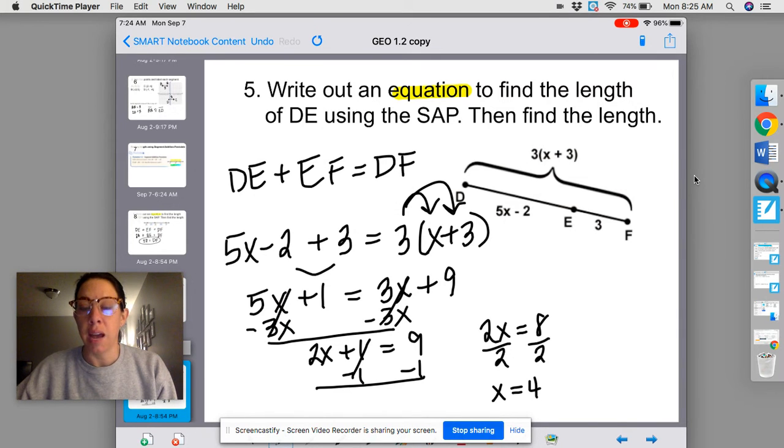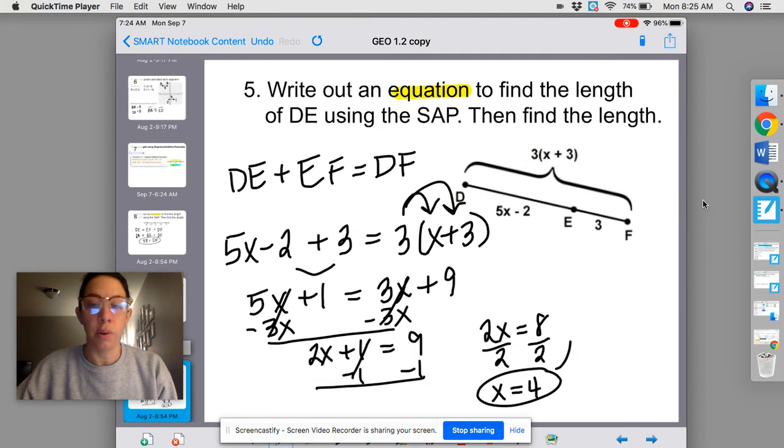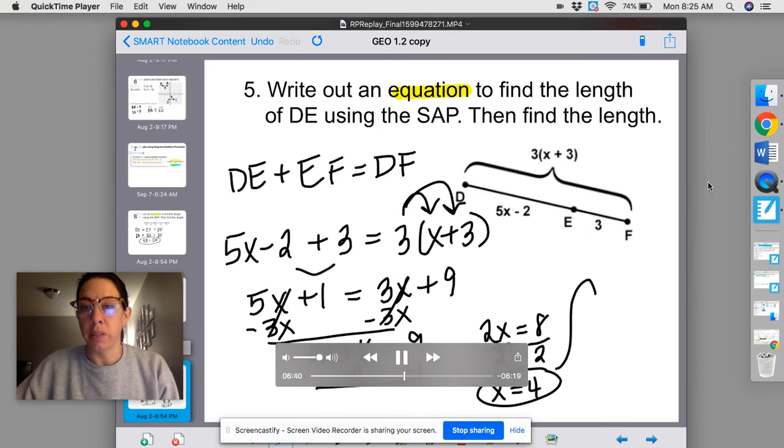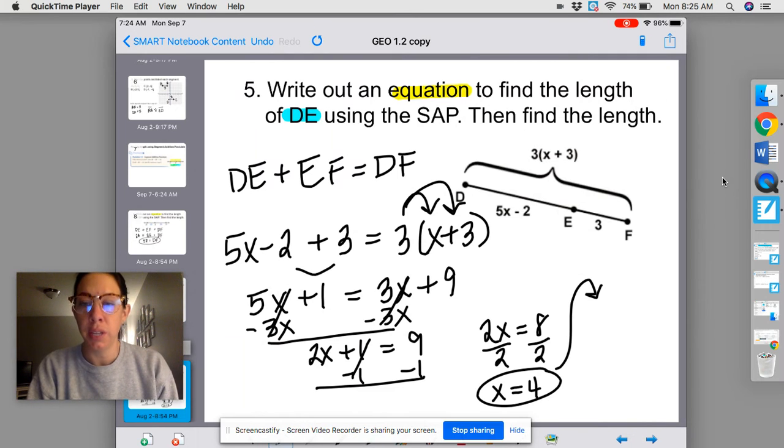So do not stop here. Yes, you got x, but let's go back to the original question. It says find the length of DE. This is not the length of DE. 4 is not that. That's the value of x. So we actually have to take it one step further. I know DE was represented by that expression 5x minus 2.